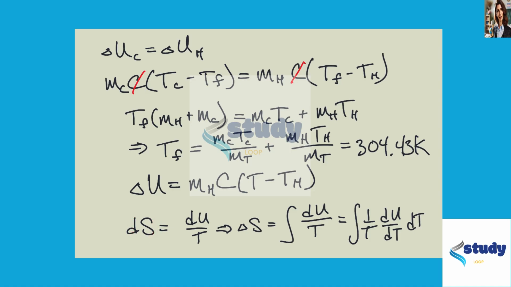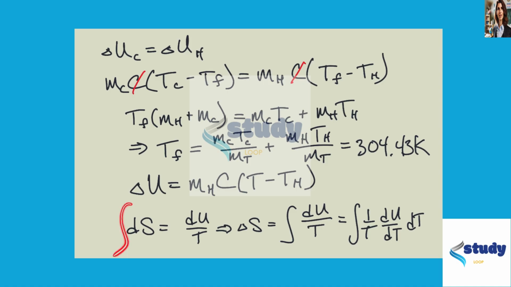The problem here is that the heat is not being dumped at a certain temperature, because both the hot and the cold water are changing temperature as they exchange heat. So we need to do an integral, and we can find it because we know the differential of the entropy equals the differential of the internal energy divided by temperature.